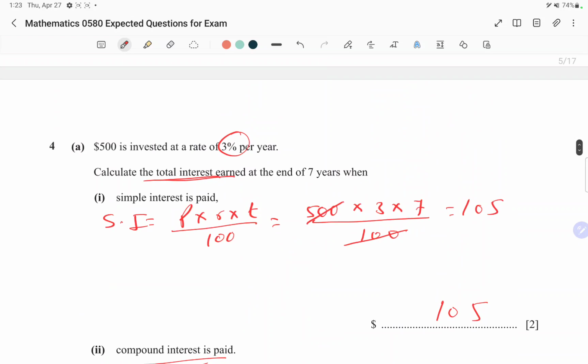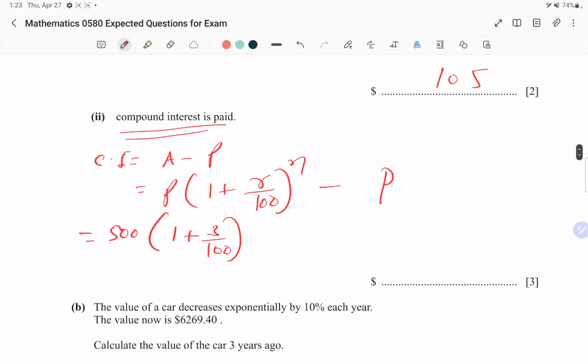To the power, calculate the total interest earned at the end of 7 years. So to the power 7 minus 500. Do nothing, just calculate, you will get the answer. So 500 times 1.03 to the power 7, I got 614.93, then minus 500, I got 114.93, or you can write 115. I've written 114.93.